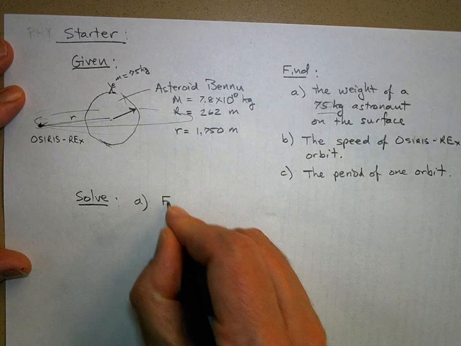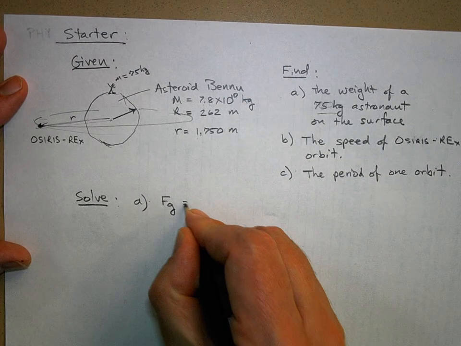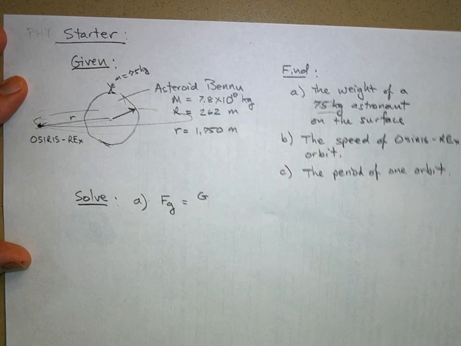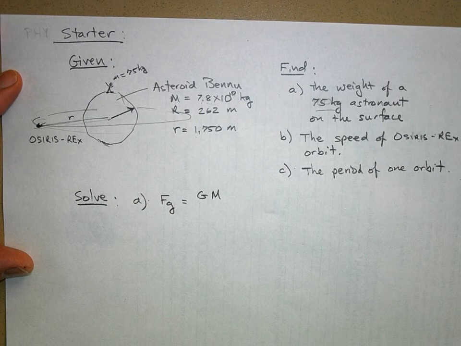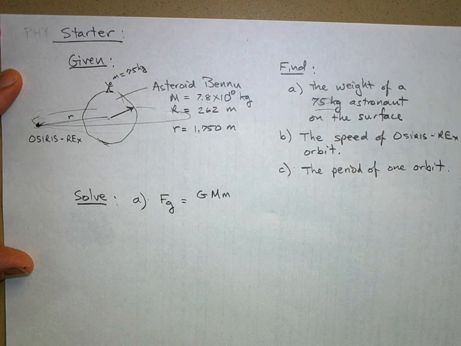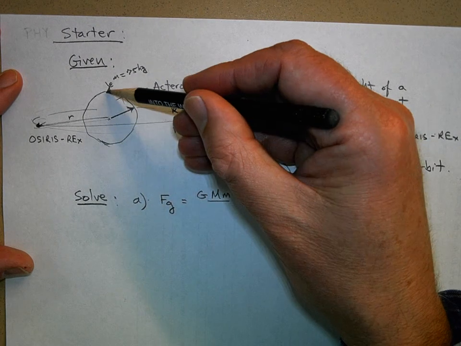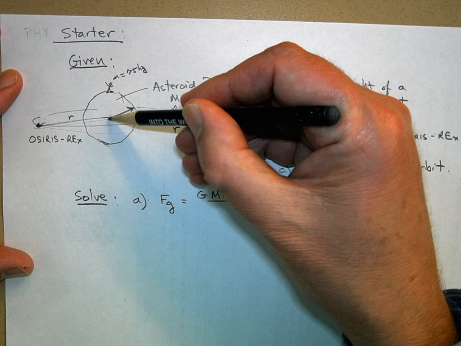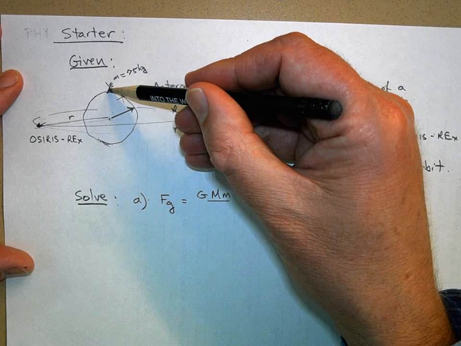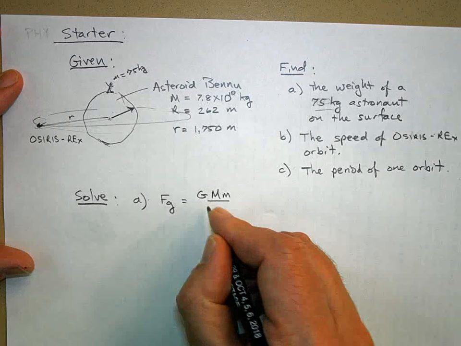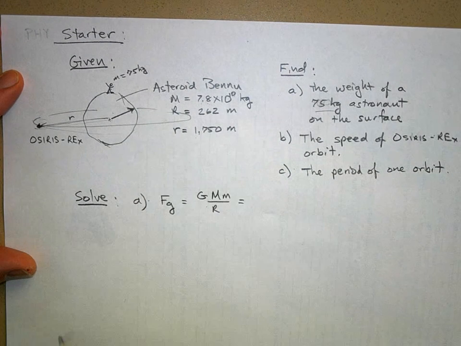The force of gravitational attraction between two massive objects is the gravitational constant times the mass of the asteroid times the mass of the astronaut divided by the distance between them squared, and the distance from the center of the asteroid to the astronaut is just the radius of the asteroid. So now we can plug in our values.